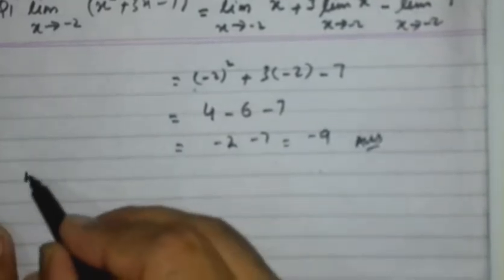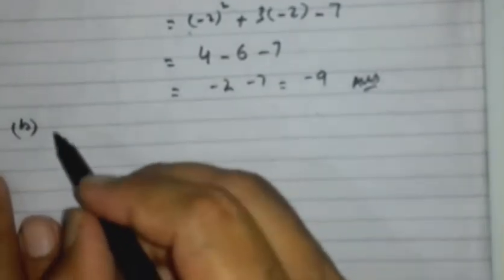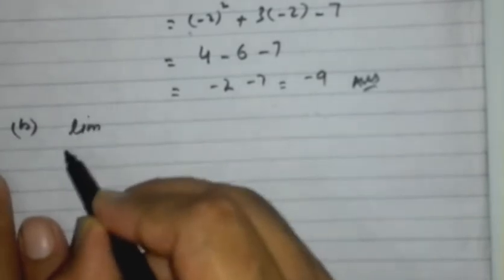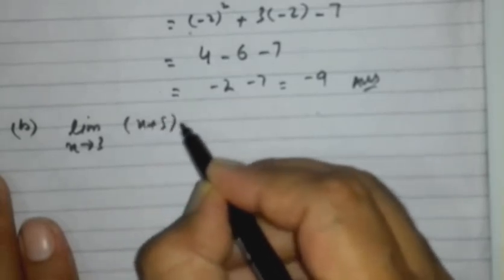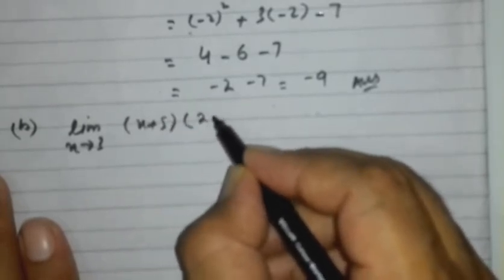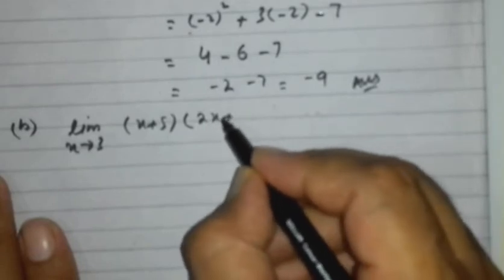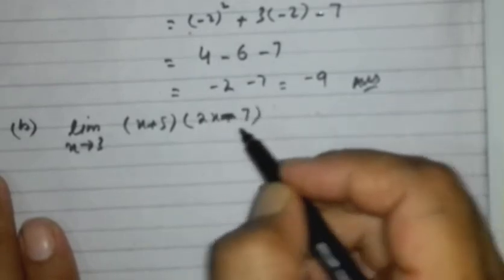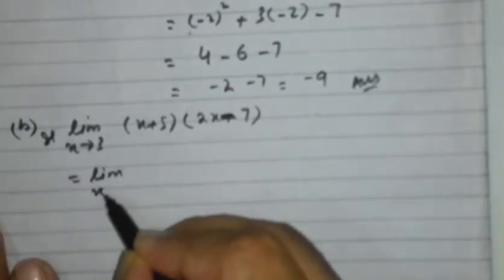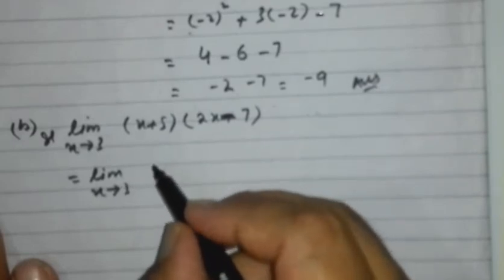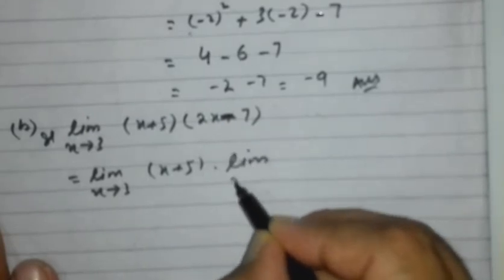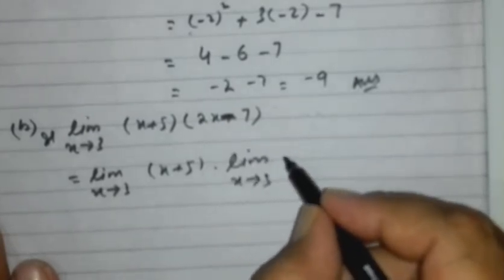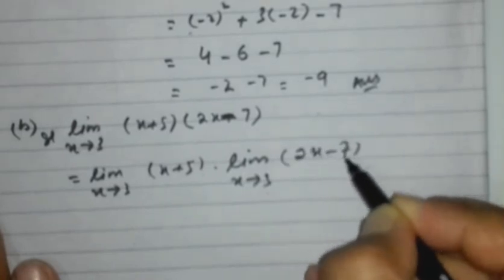Similarly, part B, limit x tends to 3 of x plus 5 into 2x minus 7. So solution, we can write it as limit x tends to 3 of x plus 5 into limit x tends to 3 of 2x minus 7.